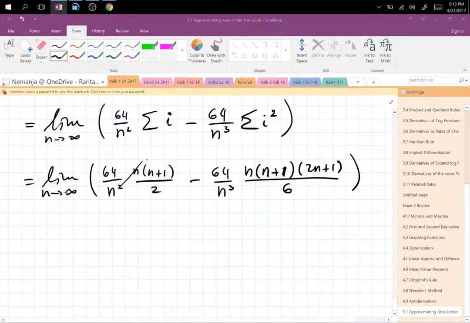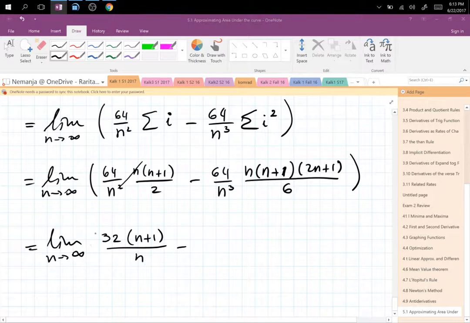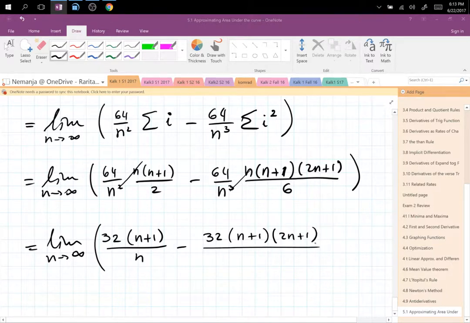So one of the n's dies. 64 over 2 is 32. So we have the limit, n goes to infinity, 32 times n plus 1 over n minus 64 over 6, we can cancel by 2, get 32 over 3, one of the n's dies, so n plus 1 times 2n plus 1 divided by n squared.